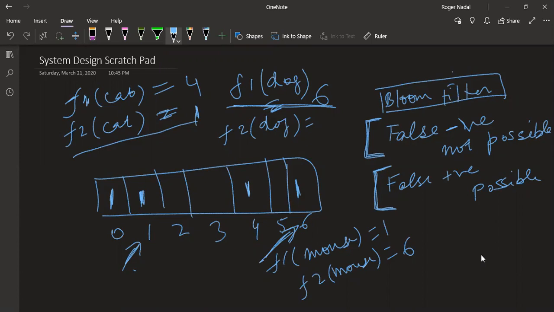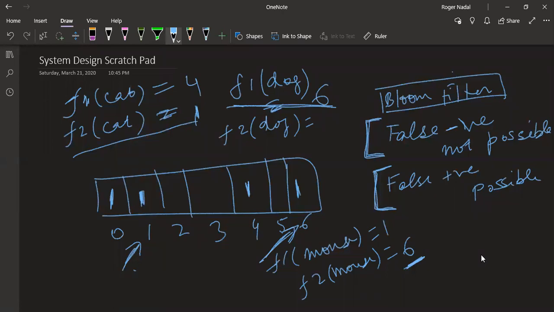No, so before I changed this value, I briefly demoed that. This value was something else in the beginning, but yeah, it was 2, right? At that point of time, I was saying that if it is telling me that it is not there, it is definitely not, because if it was there, I would have set that bit anyway, right? So that's why I'm confident.